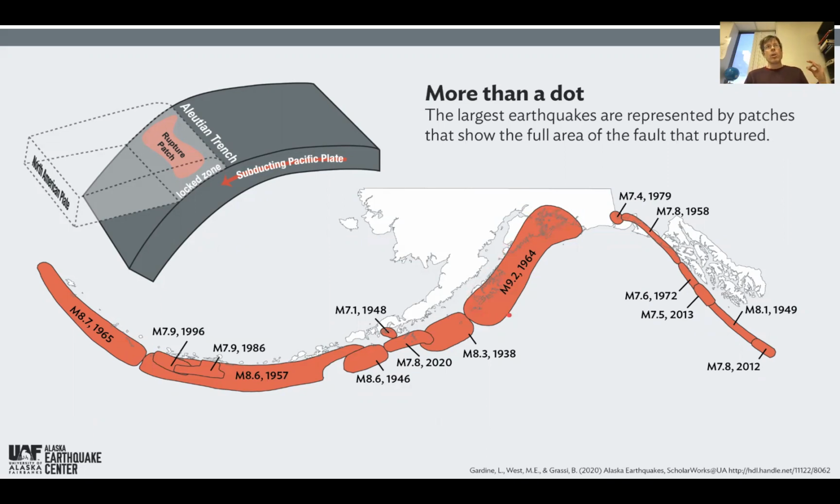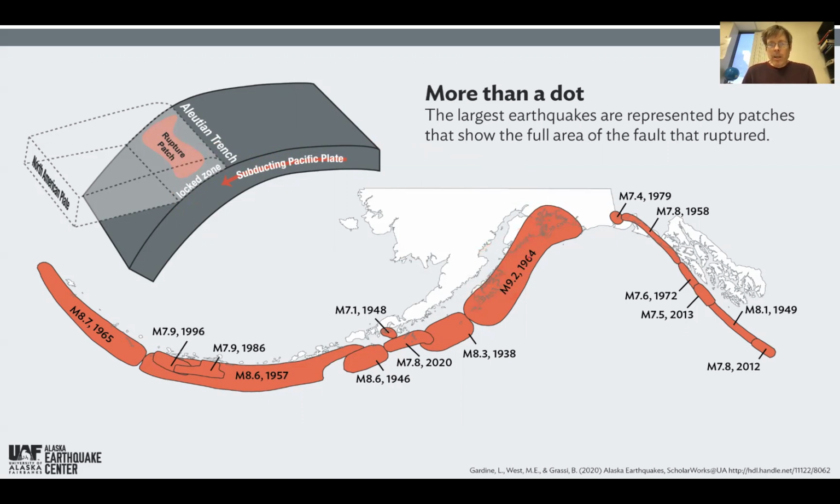We really need to look back in time to see some of these largest earthquakes prior to the catalog we've been showing, of 1976 and later, for example. This shows the rupture patch, where there's a contact between one plate going down, and the contact is shown here, a large area. It's not just a dot on the map, in the case of 1964, for example.